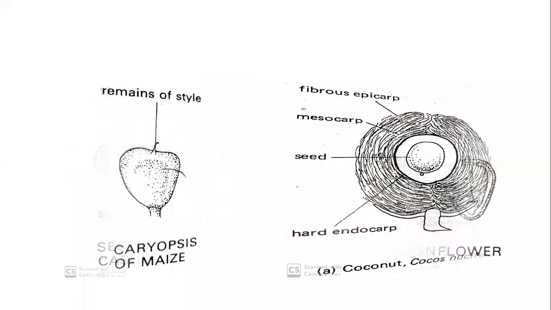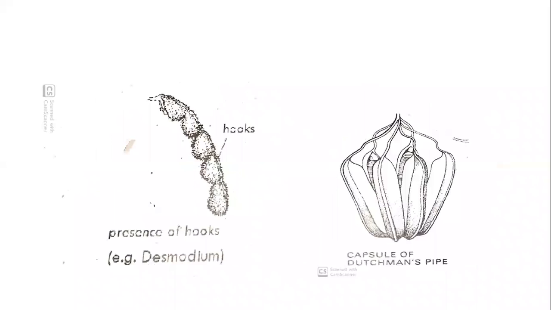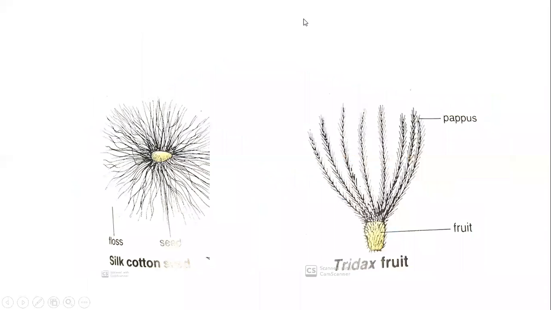Let me show you the image of it so that you know. So this is a tridax fruit. Now the calyx has persisted to form the structure called the pappus. This pappus here is an extension of the persistent calyx, and the fruit is found below it.